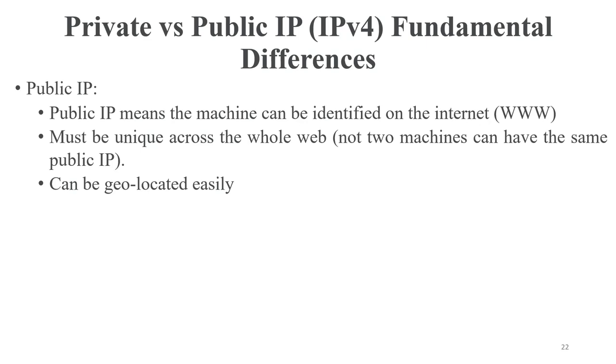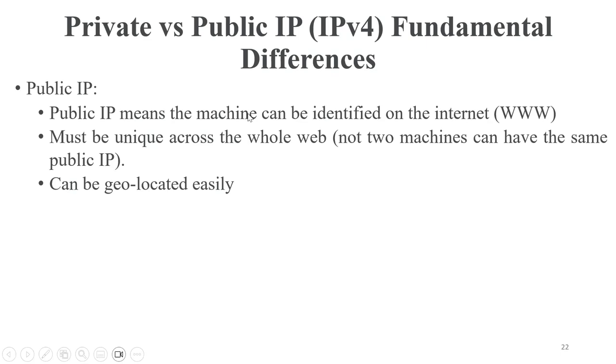Suppose the cybersecurity team wants to find from which location operations were performed, like sending emails or some kind of activities over the internet. How are they able to trace it? Yes, the public IP address.